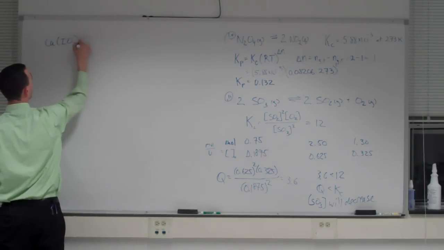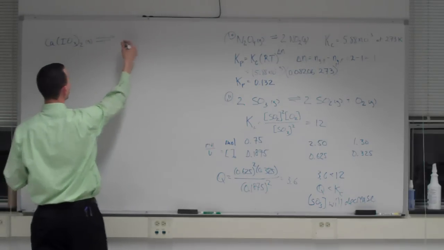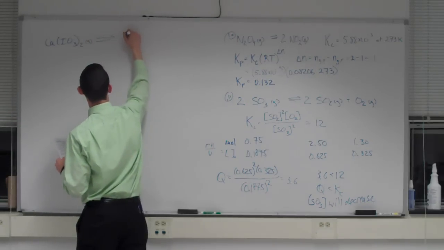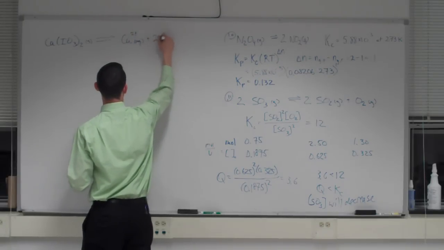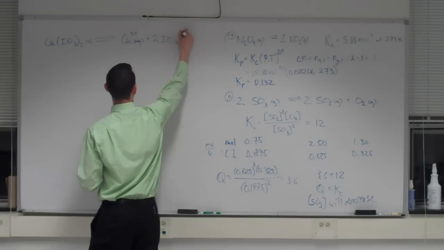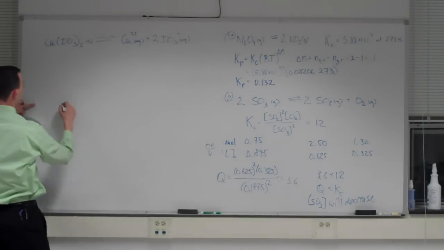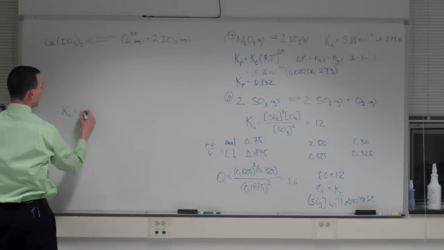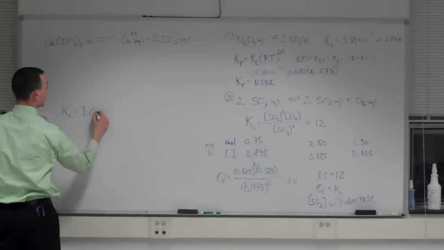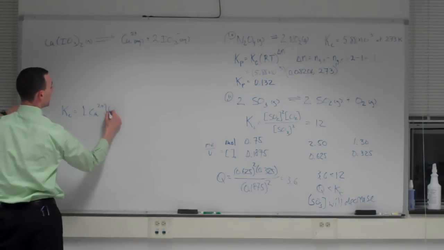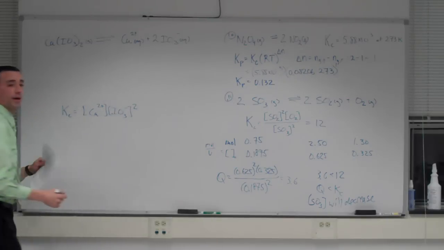Much like the compound that I just erased, aluminum sulfide, this is a solid that is dissolving to form aqueous ions of calcium and 2 iodates in this case. So if we consider the K for this reaction, it will not have the solid. It will only feature the calcium concentration and the iodate concentration, which needs to be squared.